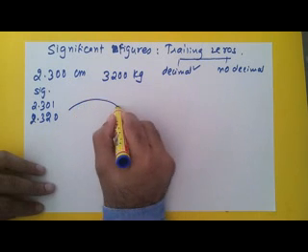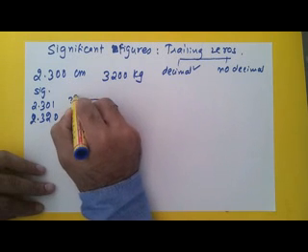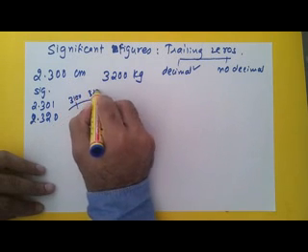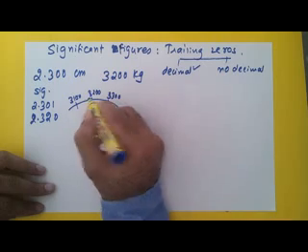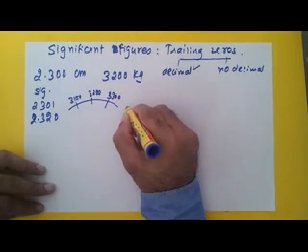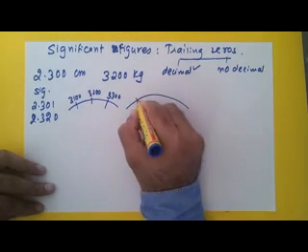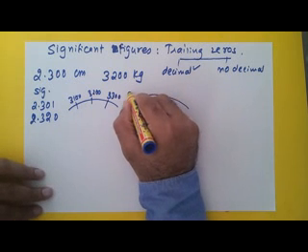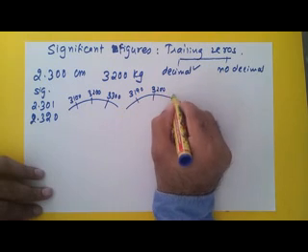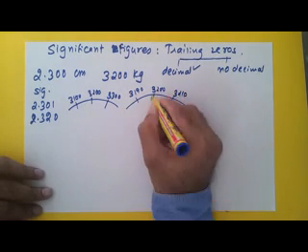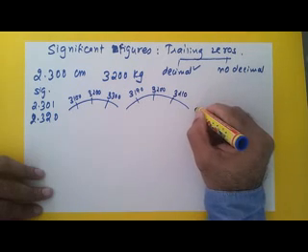For example, the scale could have been like this: 3,100, 3,200, or 3,300 kg, and the reading could have been 3,200 kg. The second possibility is that the scale could have been 3,190, 3,200, 3,210, right? And the reading would be 3,200.